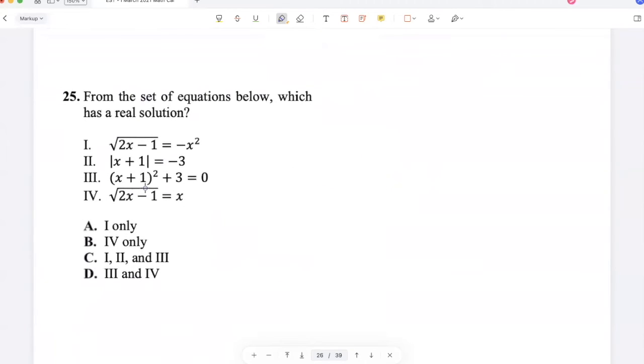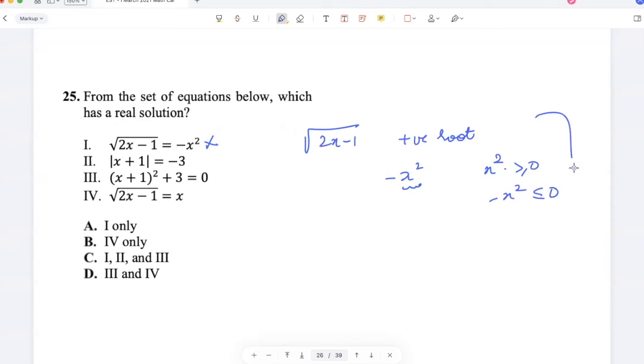Okay, from the set of equations below, which has a real solution? Right, so this one can't have a real solution because when I say root of 2x minus 1, I'm going to look at the positive root. And when I say minus x squared, then x squared is positive, so minus x squared is negative. So that doesn't fit.